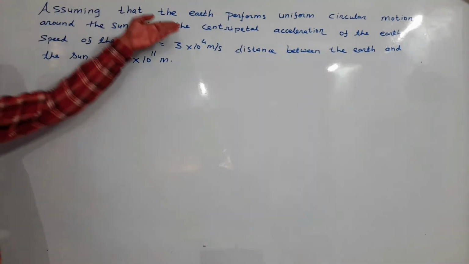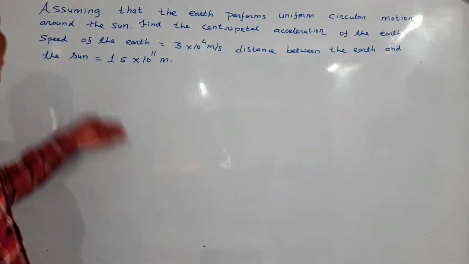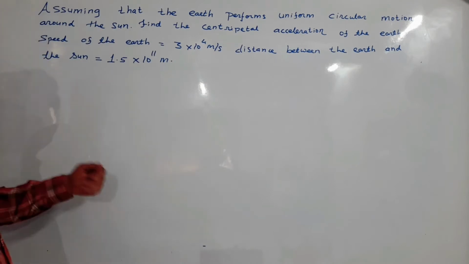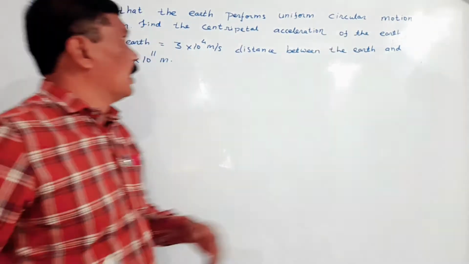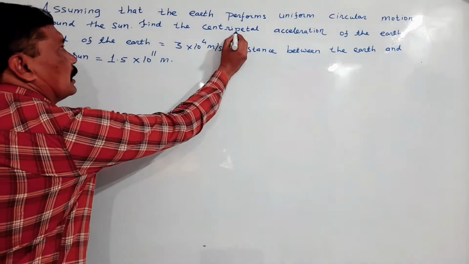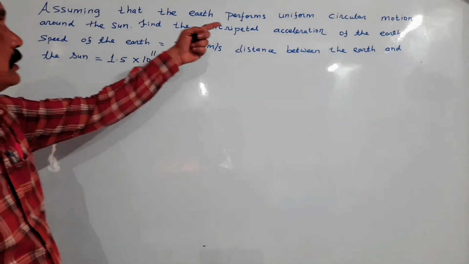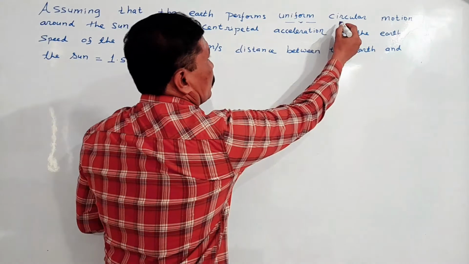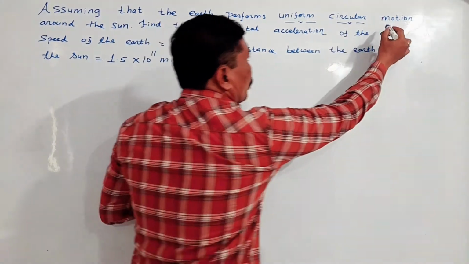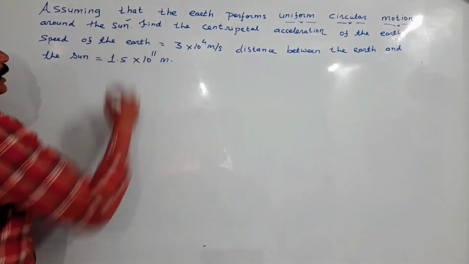Assuming that the earth performs uniform circular motion around the sun, find the centripetal acceleration of the earth. My dear student, here the earth is said to perform uniform circular motion around the sun.